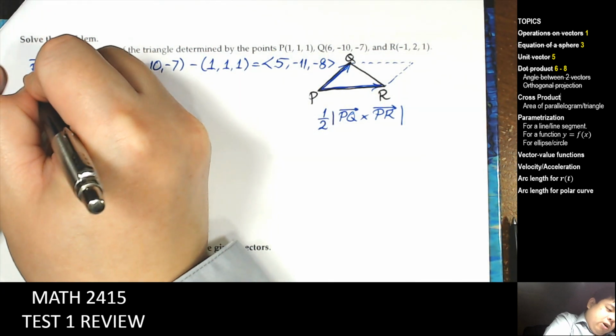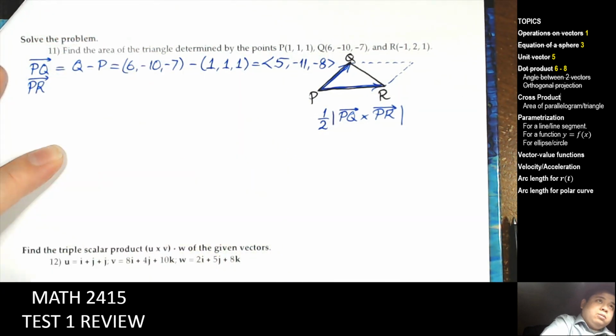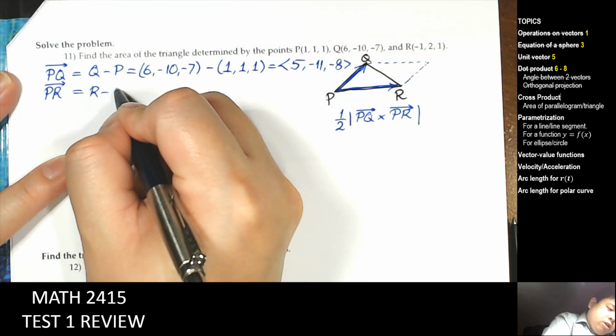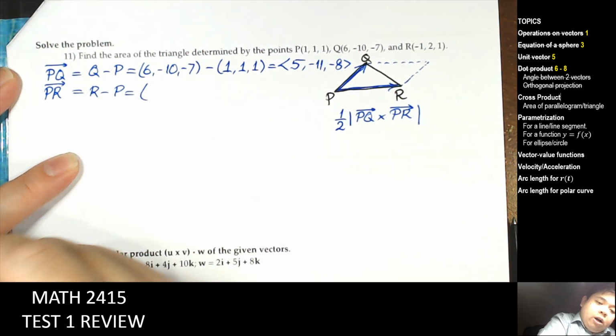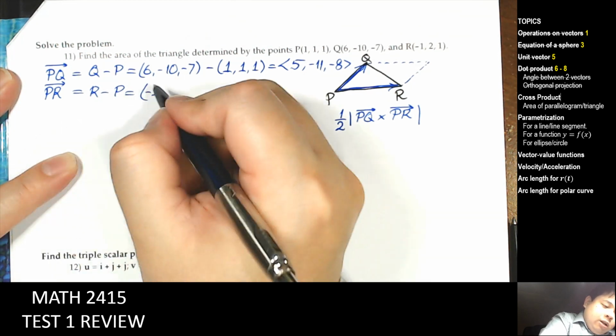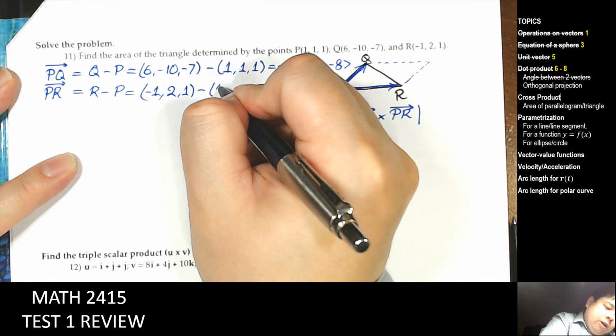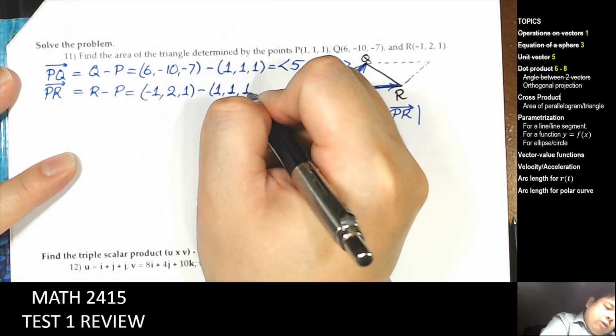Next we find PR, final minus initial, so R minus P. R is negative 1, 2, and 1 minus P, 1, 1, 1.